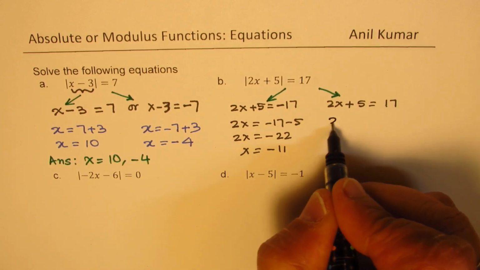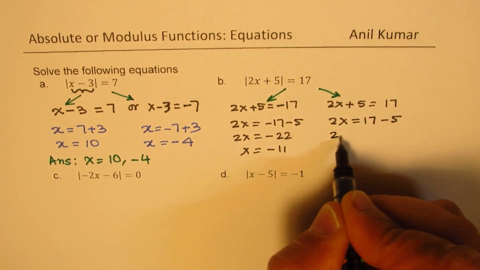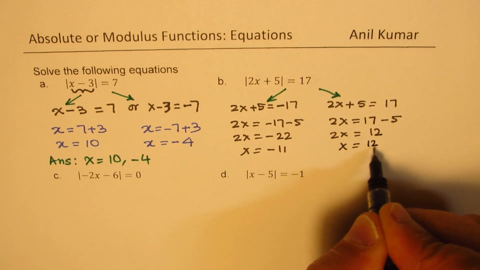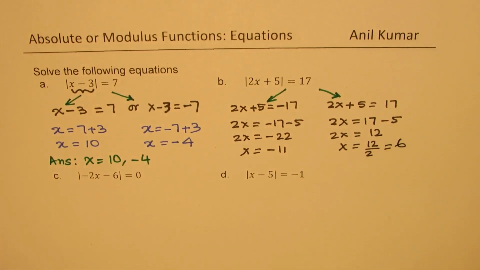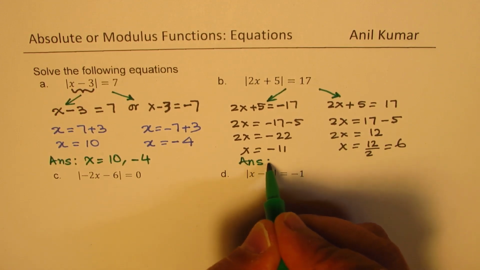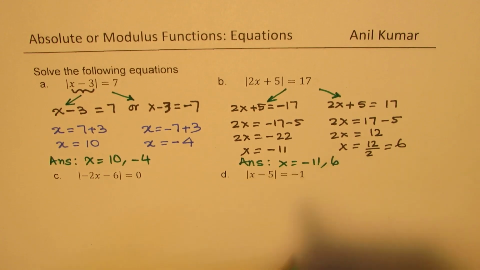On this side, we get 2x equals to 17 minus 5, so we get 2x equals to 12, or x is equals to 12 over 2, which is 6. And again, we have two solutions, and our answers will be x equals to minus 11 and 6.